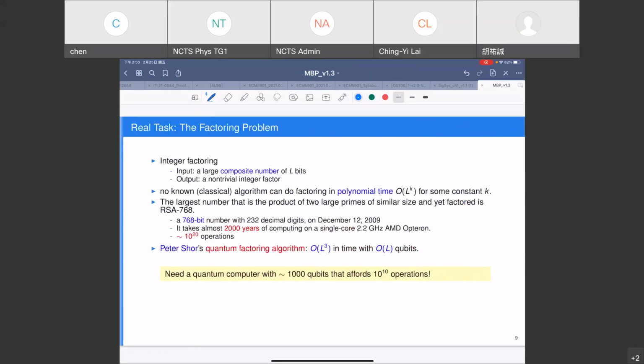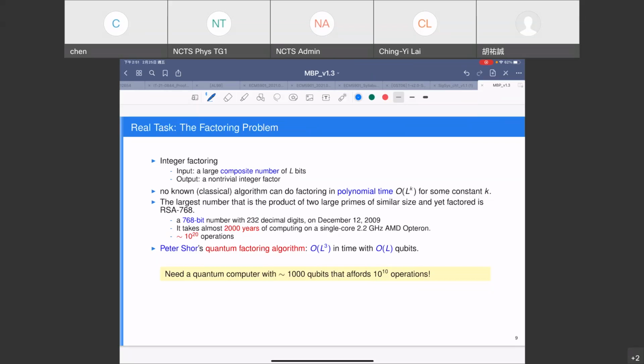In Peter Shor's quantum algorithm, it takes time L cubed, with L qubits. So here, L is like 1,000, right? We have 1,000 bits. So we need 1,000 qubits. And the time will be 10 to the 9 or roughly 10 to the 10.